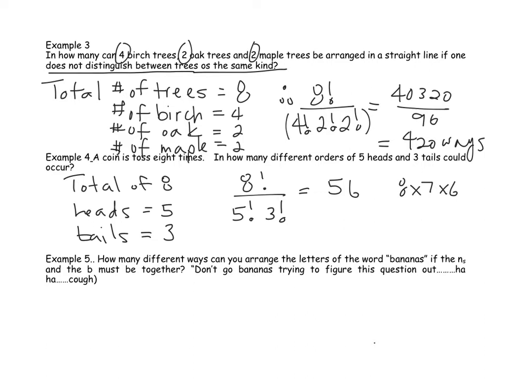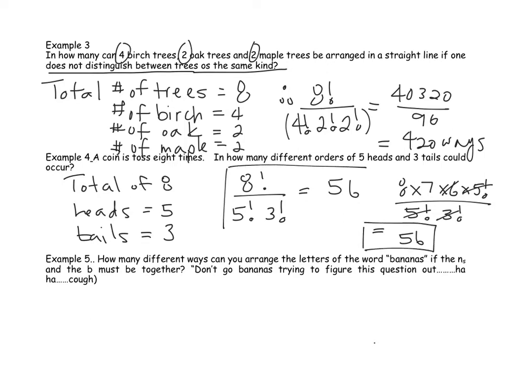Okay, and then times the 5 factorial over 5 factorial times 3 factorial, which gives me, those will cancel. 3 factorial is 6, you should know that one, and you're left with 8 times 7, which gives me the 56. So whichever way you're asked to do it, with a calculator or without a calculator, you should be able to work through questions like this. Okay, the number should be easy enough if you're asked not to do it with a calculator.